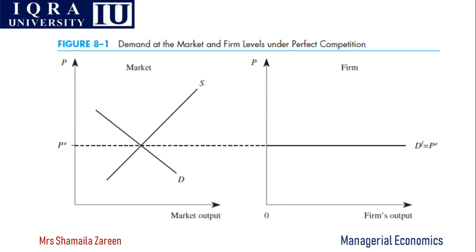So you can see that the demand curve is perfectly elastic. It means there are a large number of substitutes available. There are so many sellers and buyers and they have no impact on the market price.